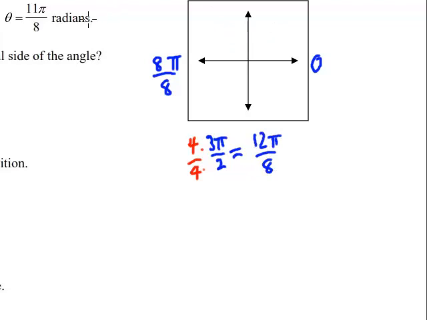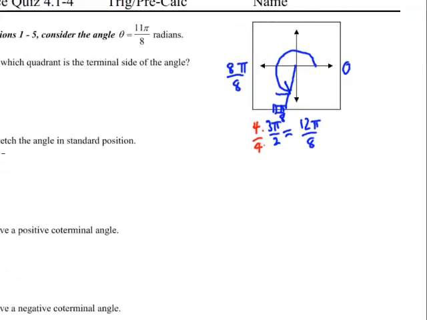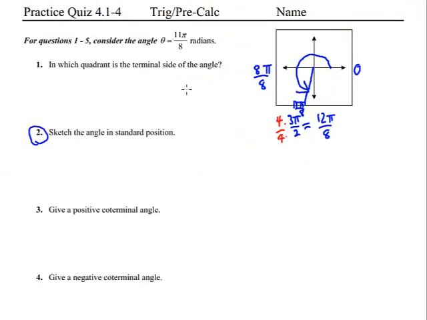So if I want 11 pi over 8, that should be about right there, right? And there's my angle in standard position. Starts at the 0, ends at 11 pi over 8. So this is my 11 pi over 8. So there's number 2. It's been sketched.